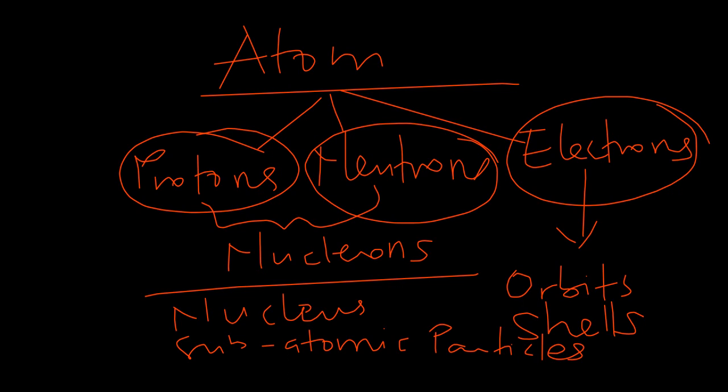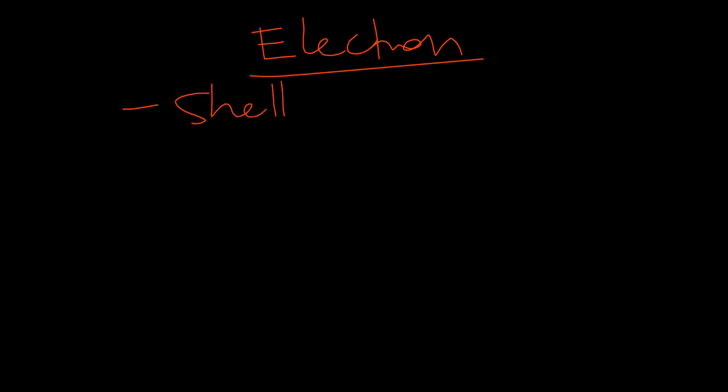So, at this point, we are going to look at each of the subatomic particles. We'll start with the electron. First, we look at where to find it. We've already established that electrons are found on shells, also referred to as orbits, and these two are sometimes referred to as energy levels.